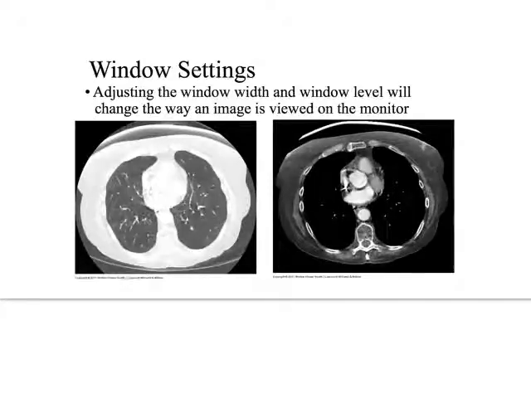So these window settings, these are the exact same images, right? We've just changed the way that they're displayed. One of these images shows an enhancement of lung tissue, and the other one shows the cardiac system more clearly.